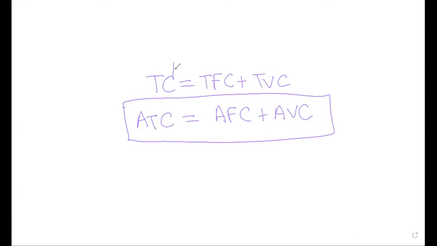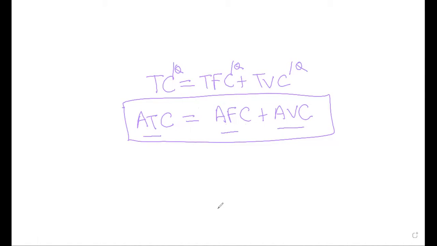We have just divided both sides by Q to get the average. The first one is the total function: total cost is equal to total fixed cost plus total variable cost. Then we divide all three components by Q. Once we divide the three components by Q, we get average total cost is equal to average fixed cost plus average variable cost, right?